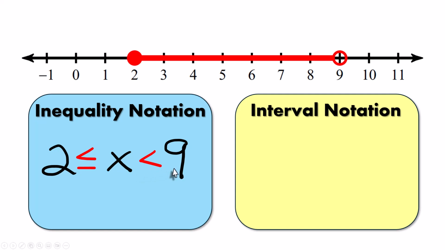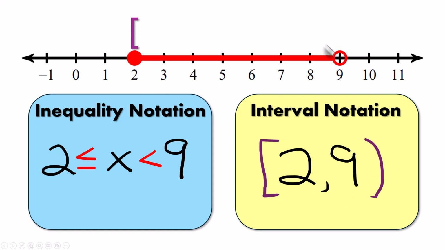So this is kind of like the idea of in between, written in inequality notation. In interval notation, you just write the numbers 2 and 9, and then you put the appropriate bracket on it. I can land on the 2, so that's going to be a hard bracket. I cannot land on the 9, so that's the soft bracket.